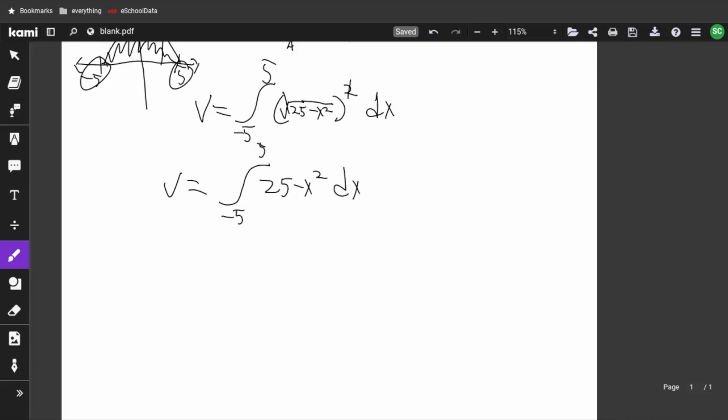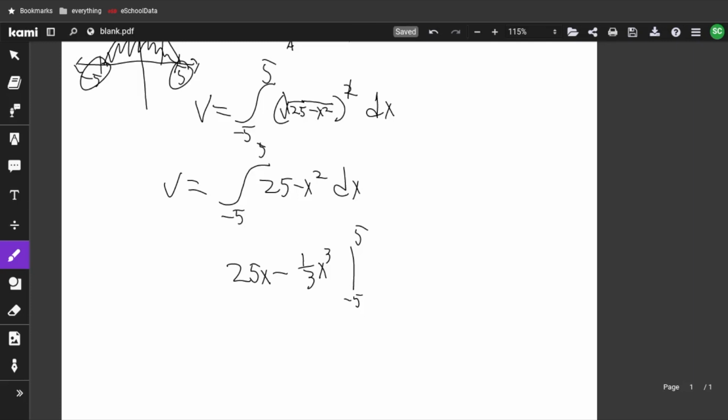Now let's simplify a little more. When we take this integral, we are left with 25x minus 1/3 x to the third from -5 to 5.